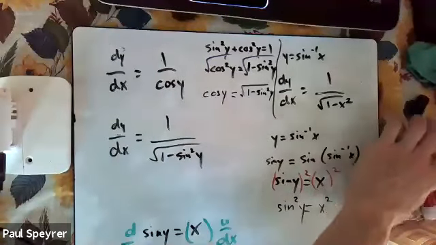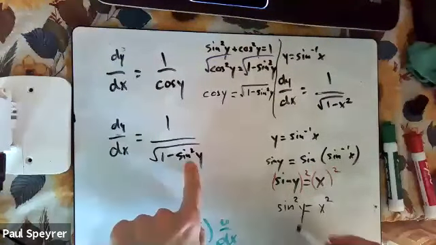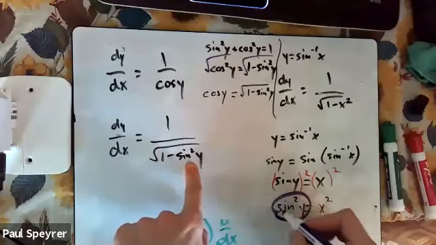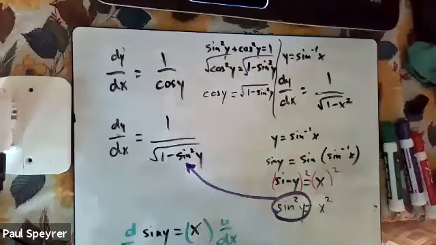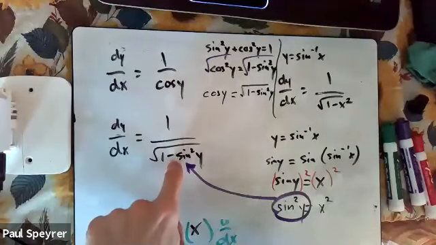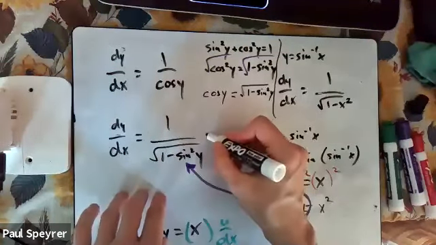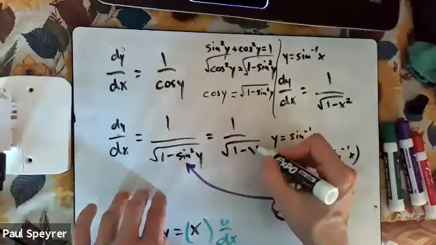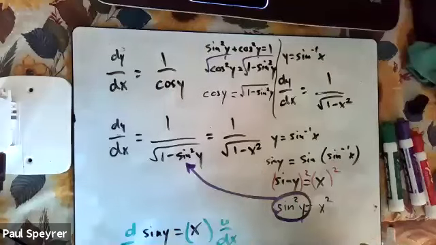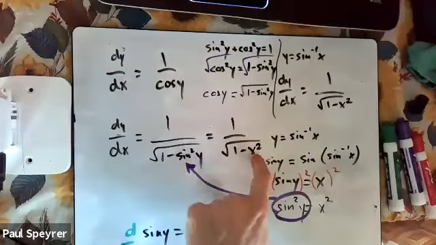Where else do we have a sine squared of y? Right here. Look. So instead of saying 1 minus sine squared of y in the denominator, we can say 1 minus x squared under that root. Where did that x squared come from?